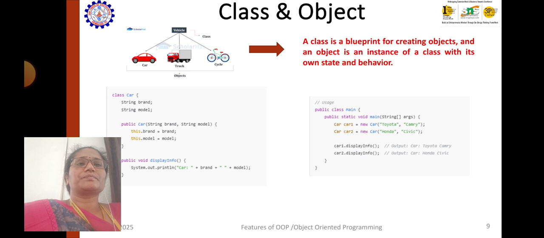And the class and object: a class is like a blueprint for creating an object, but an object is an instance of that particular class, which is used to perform its own operations and variables.